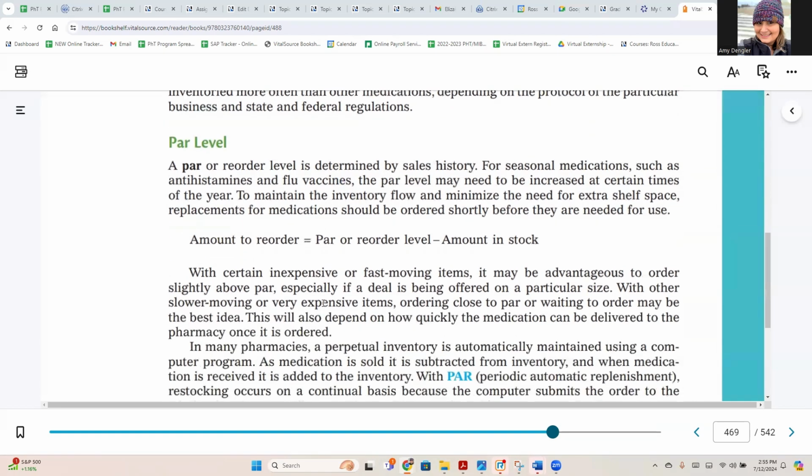A par or reorder level is determined by sales history. For seasonal medications such as antihistamines and flu vaccines, par level may need to be increased at certain times of the year. To maintain the inventory flow and minimize the need for extra shelf space, replacements for medication should be ordered shortly before they are needed for use.